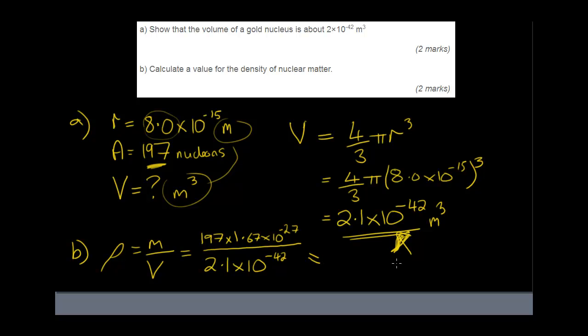So 197 times 1.67 times 10 to the minus 27, divided by the volume, equals that, and that gives us a density of 1.5, again two significant figures, times 10 to the 17 kilograms per meter cubed.